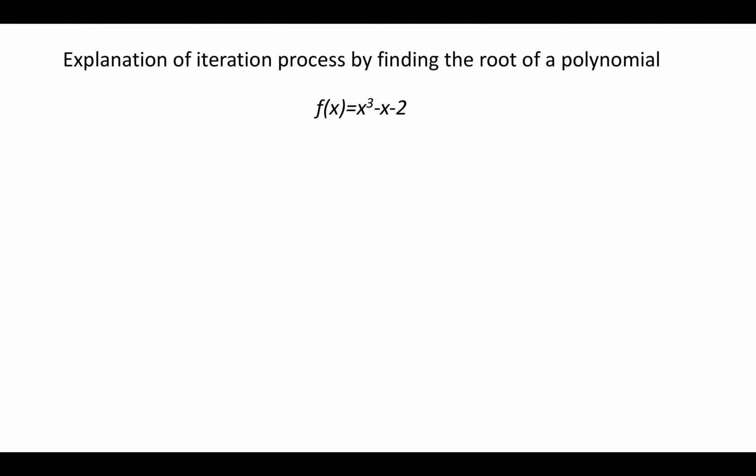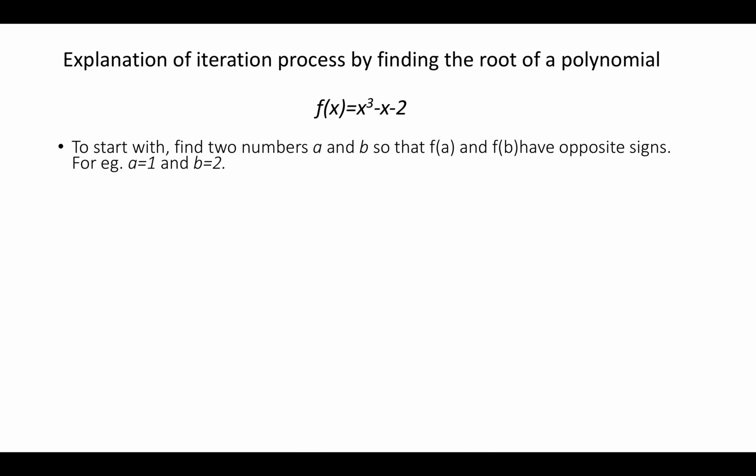Now let us consider an example for understanding this method. The iteration process will be explained by finding the root of the polynomial f(x) equal to x cube minus x minus 2. This is the polynomial given, and no interval is given. So we have to choose the interval on our own.